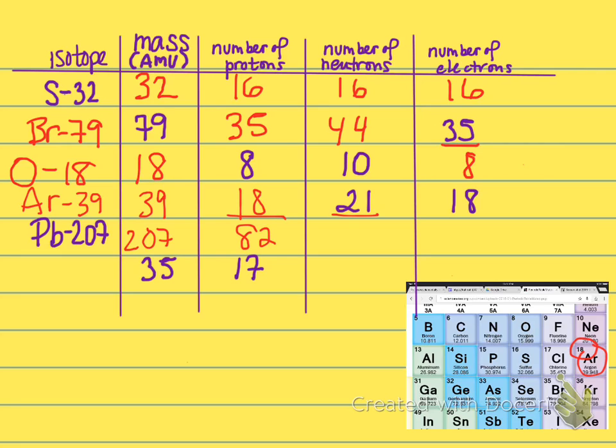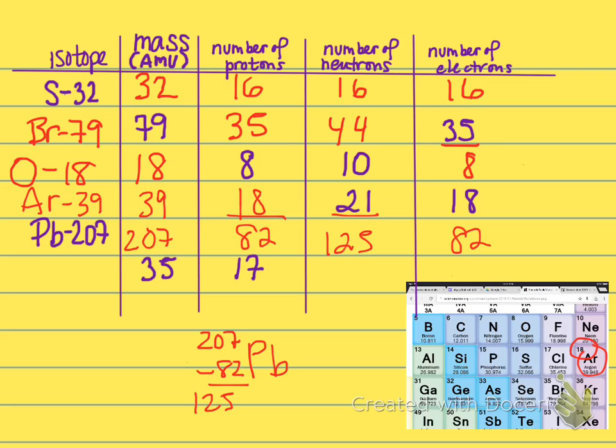That would be 82. So since we know that a neutral atom of lead-207 has 82 protons, it has to also have 82 electrons. Now getting the number of neutrons is quite simple. Wow, 125 neutrons. That's a lot of neutrons.